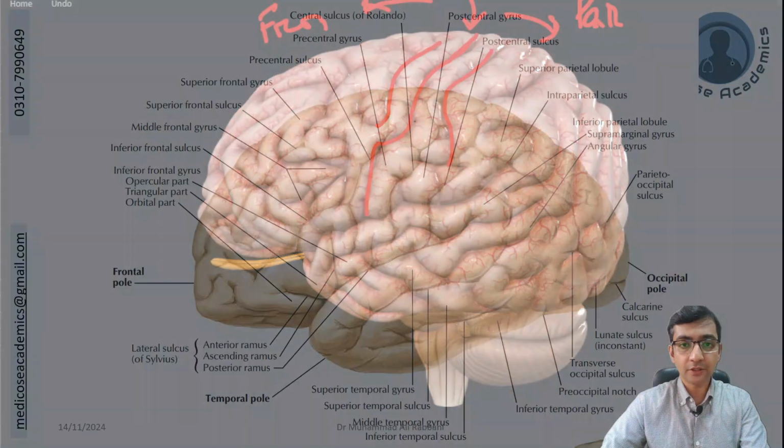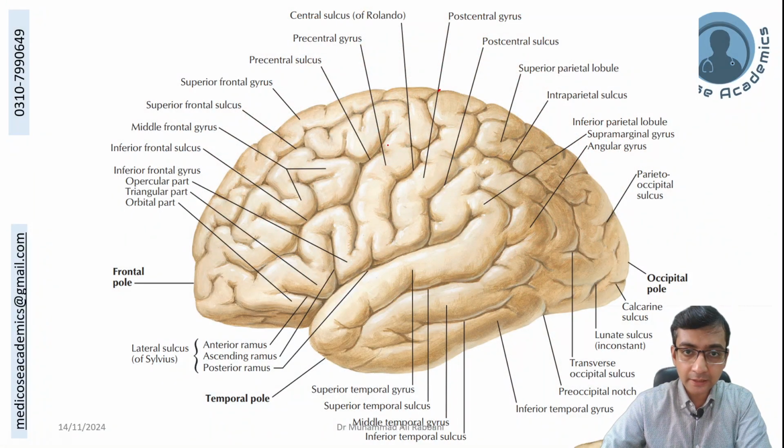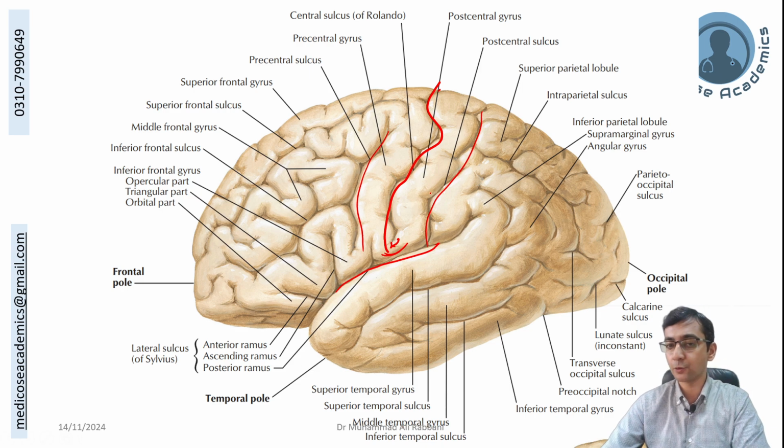Let me show you again on this picture. Here are the three. This is one, and this is the central sulcus. You can see it is not fusing with the lateral sulcus, and there is a gap, gray matter tissue between the two.